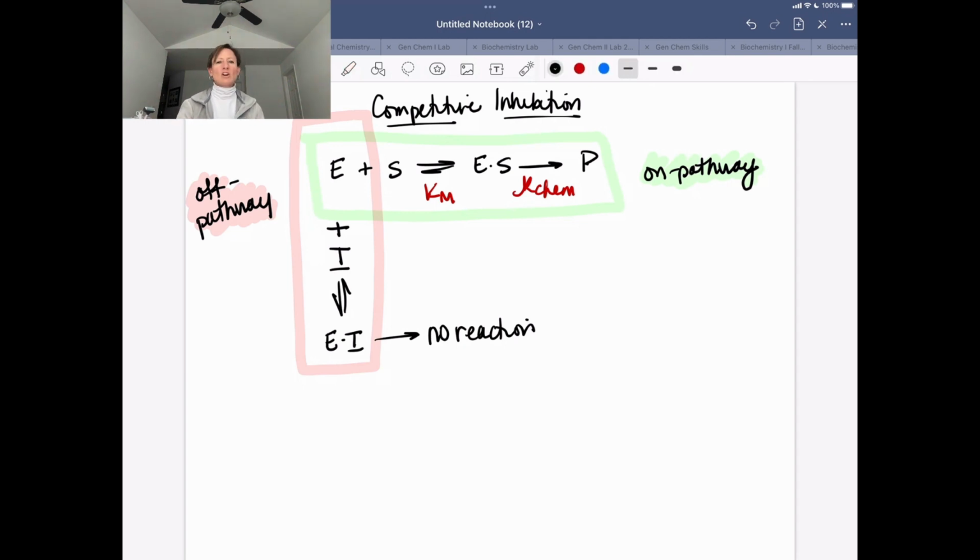So what happens in this situation with competitive inhibition is that we can think of there being a choice for the enzyme.